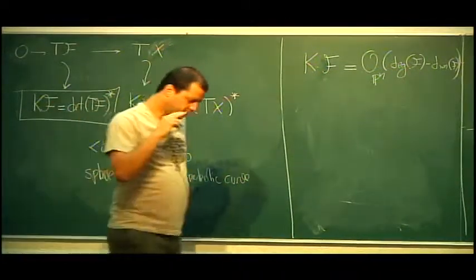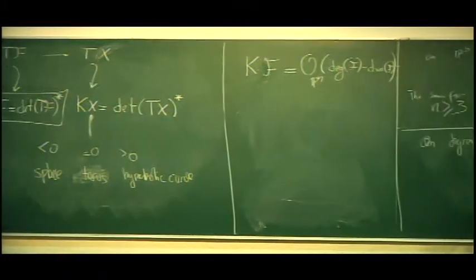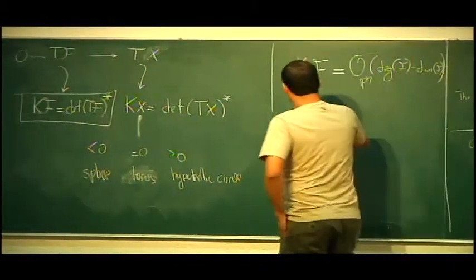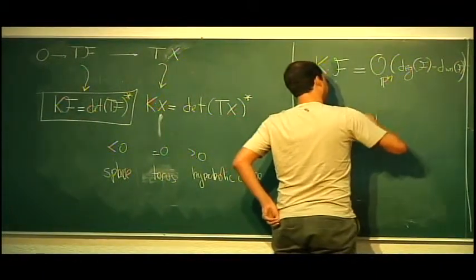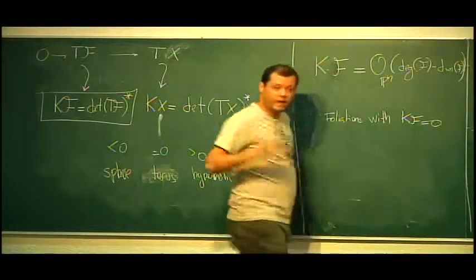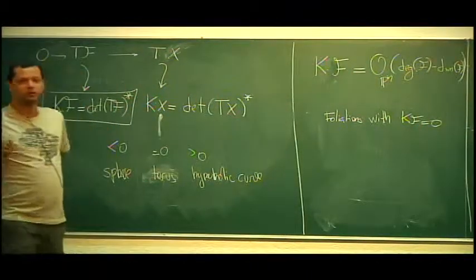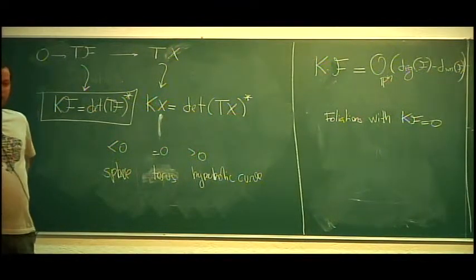So, the case that we were focusing on, degree 2 on P3, are foliations with Kf equals 0. And from this viewpoint, we should not expect hyperbolicity anywhere, right?